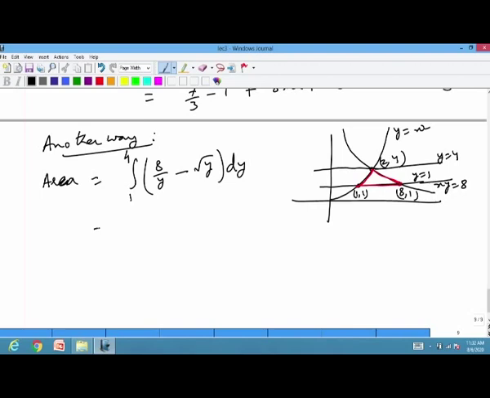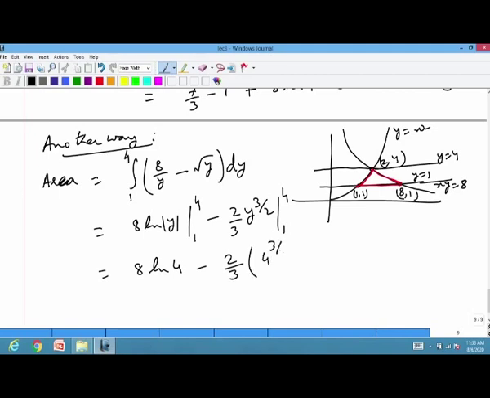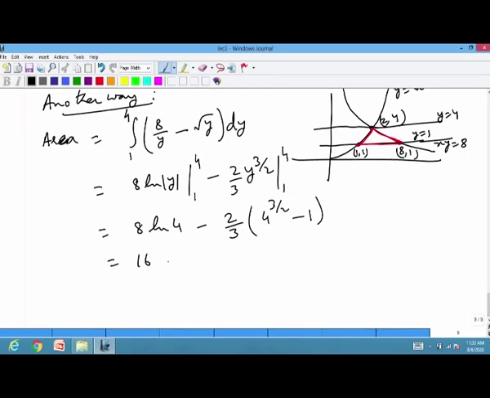So, this is equal to 8 log y from 1 to 4 minus y to the 3 by 2 divided by 3 by 2, from 1 to 4, which is equal to 8 log 4 minus 2 by 3 times 4 to the 3 by 2 minus 1, which is equal to 16 log 2 minus 2 by 3. 4 is 2 square, so this is 8 minus 1.